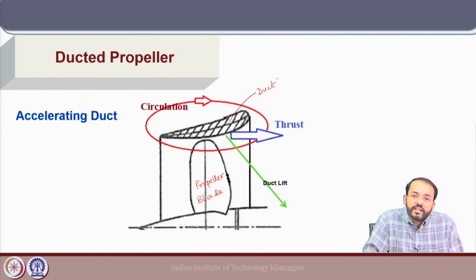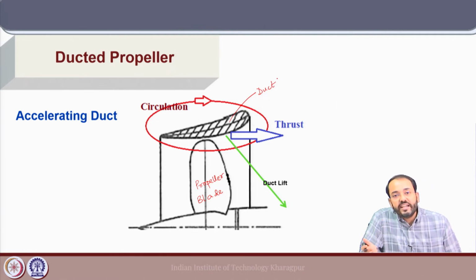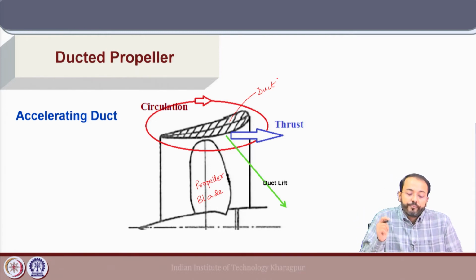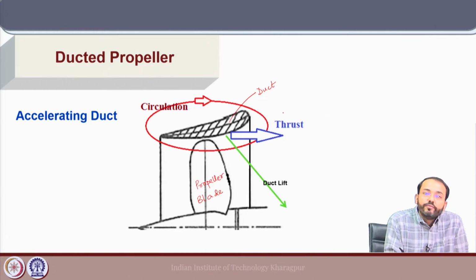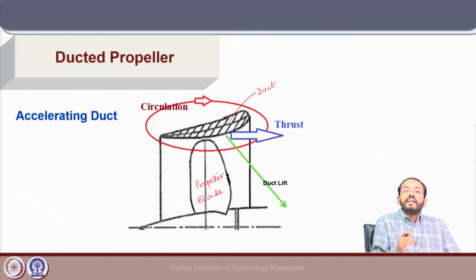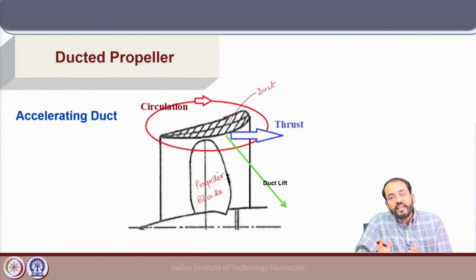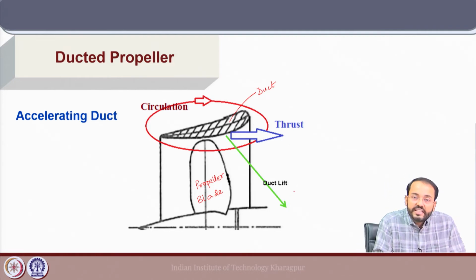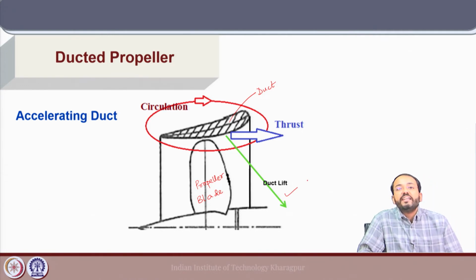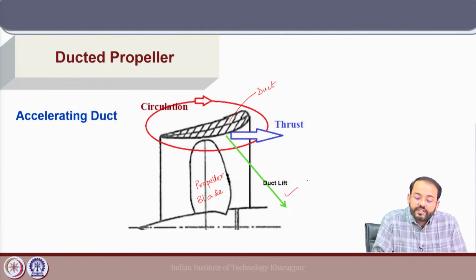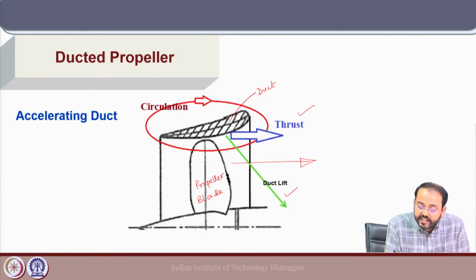So, in this particular design the duct is of accelerating type, which increases the inflow into the propeller plane, and hence the circulation which is generated around the duct is directed in such a way that the duct lift is shown in this direction, and the forward component of that lift is the thrust, which is also in the direction of the thrust generated by the propeller, Tp, and this thrust is the duct thrust, Td.